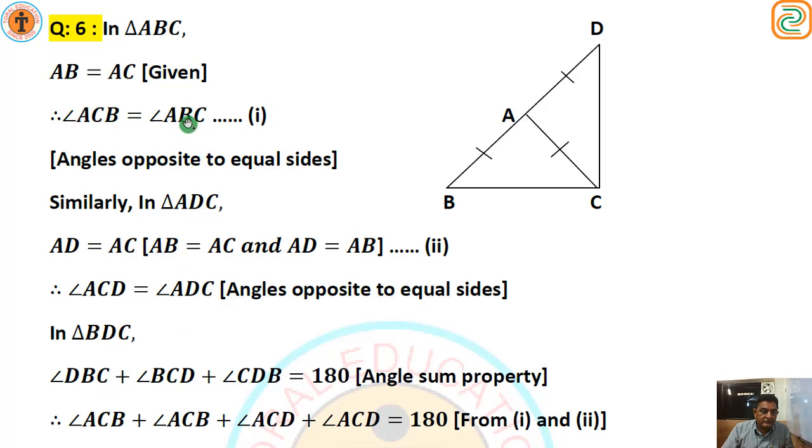One, we can say ABC equals ACB, right? So DBC, here we have written ACB plus ACB plus ACD plus ACD equals 180.